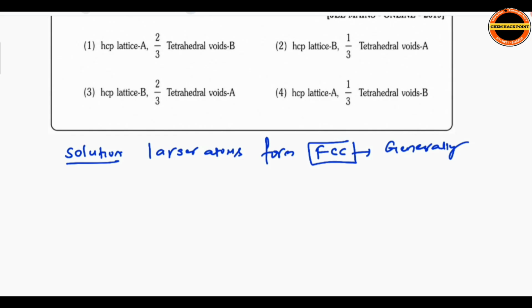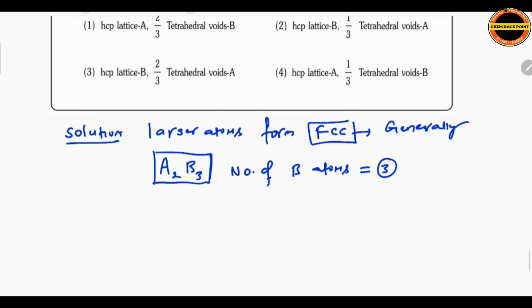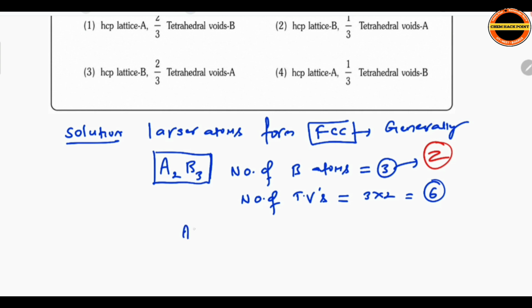For A2B3, the number of B atoms is equal to 3, so that is the Z value, the effective value. The number of tetrahedral voids is 3 into 2, which is 6, because 2 into Z is the number of tetrahedral voids.